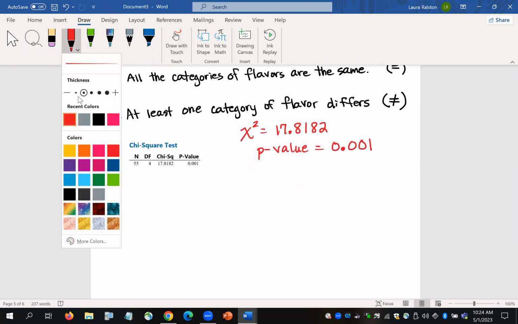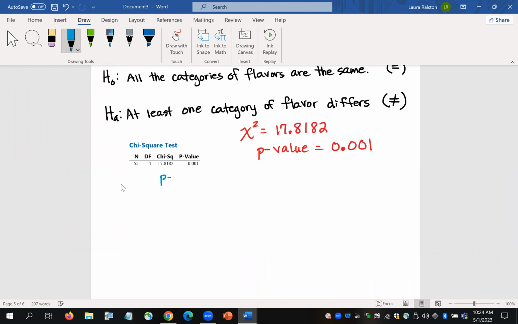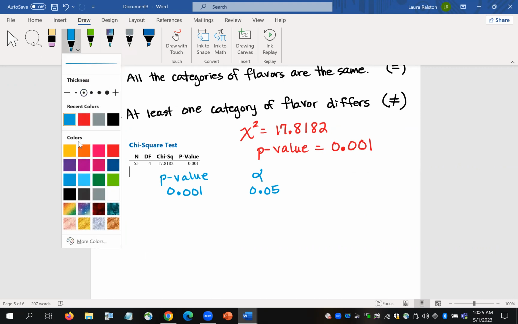I then am going to make a decision by comparing that p-value from Minitab to the level of significance of 0.05 that was given in the problem.